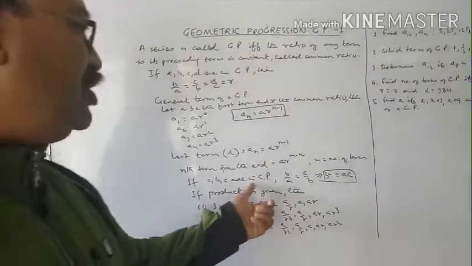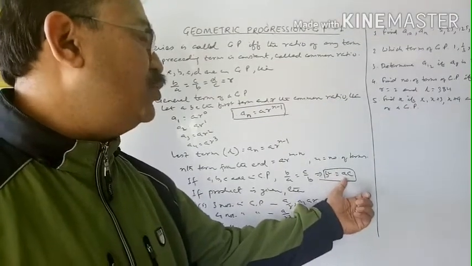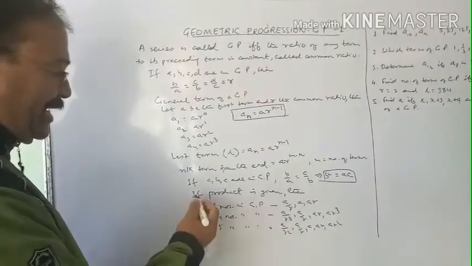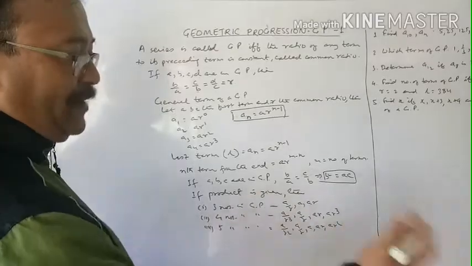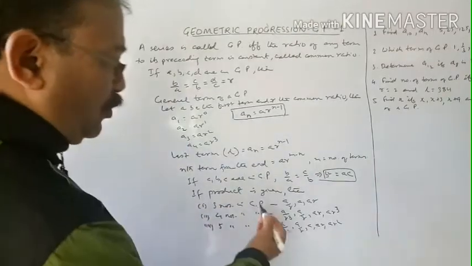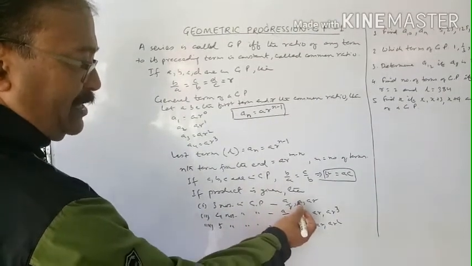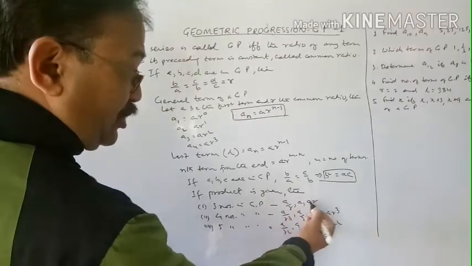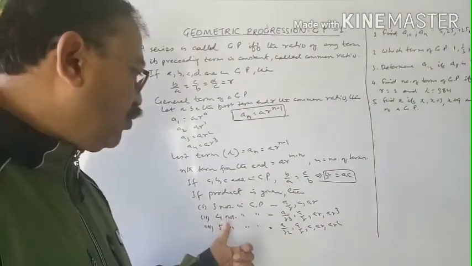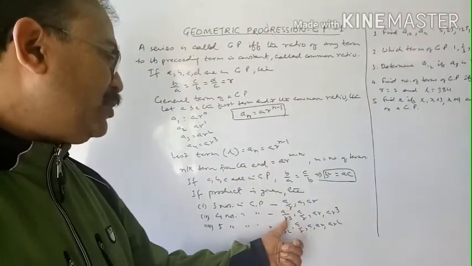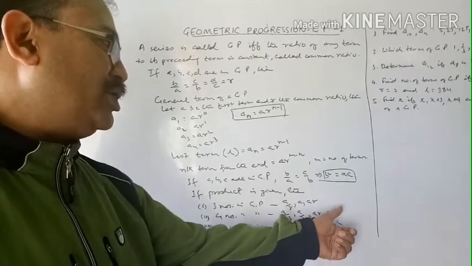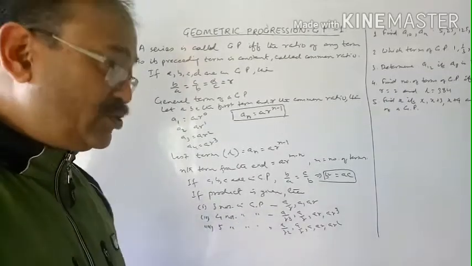So whenever 3 terms are in GP, then the middle term squared is equal to the product of the first and the third terms. Whenever the product of 3, 4, or 5 terms is given, then to find 3 numbers in GP, we suppose the first number to be A by R, the second number A, and the third number AR, so that when you find the product, R will get cancelled, and you can find the value of A. Similarly, to find 4 numbers in GP, you take A by R cube, second term A by R, third term AR, and fourth term AR cube, where the common ratio will be R square.